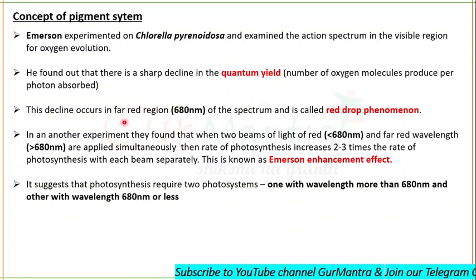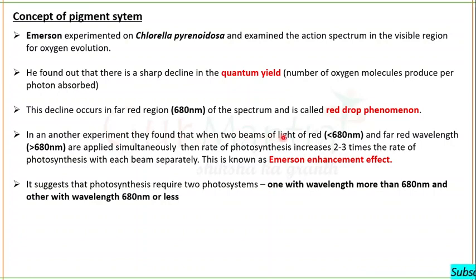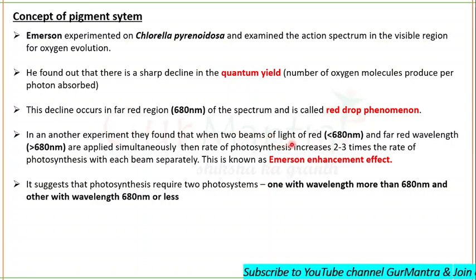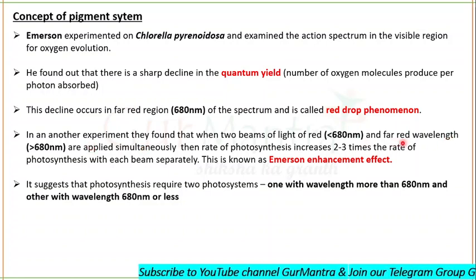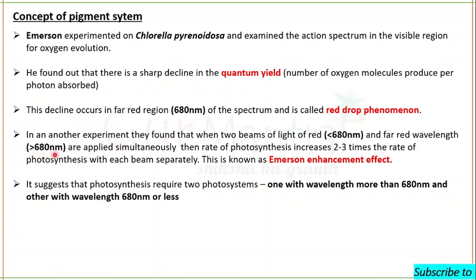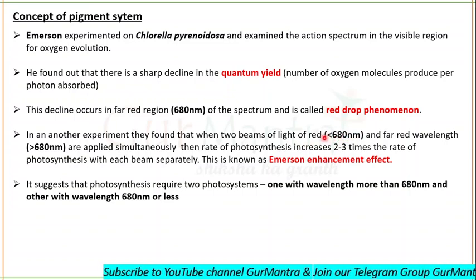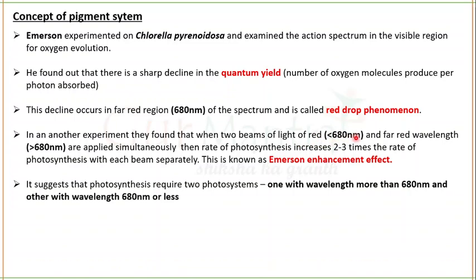But in another experiment, he illuminated two beams of light on the chlorella. One is far red light, a wavelength of more than 680 nanometer, and one is red light, about 680 nanometer or less than 680 nanometer.